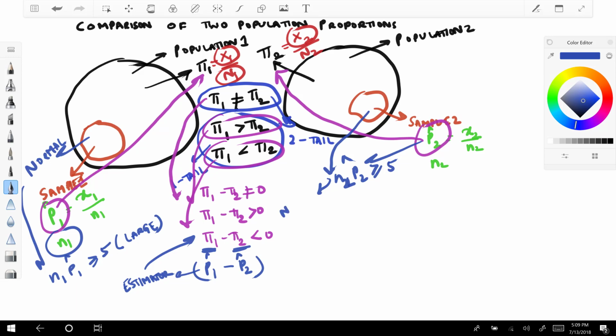So they follow normal distribution. So since both the distributions are normal, the P1 hat minus P2 hat distribution would also be normal.